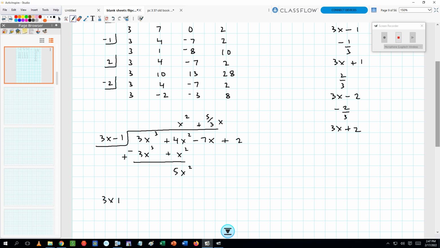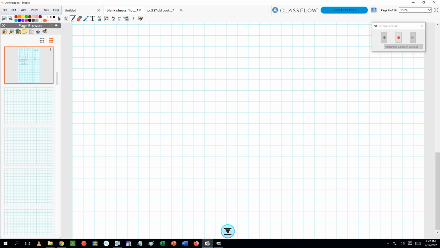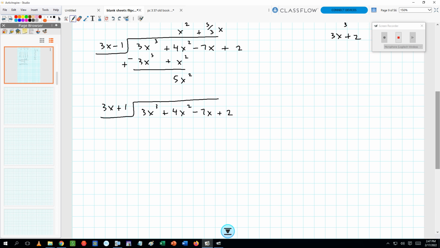3x plus 1. Why does that keep going up so far? There we go. 3x and the 3x cubed will be an x squared. X squared times the 3x times the 1.